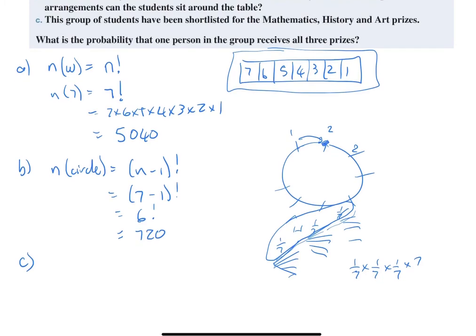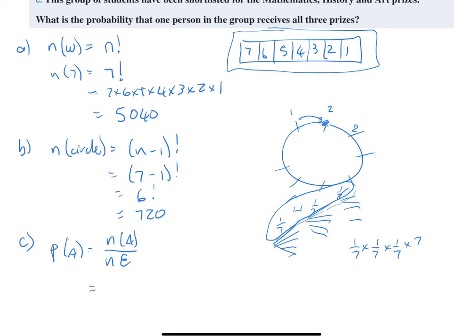The other way that we can quickly look at is the probability for a specific person to do this, which will be the number of favourable outcomes divided by the number in the sample space.